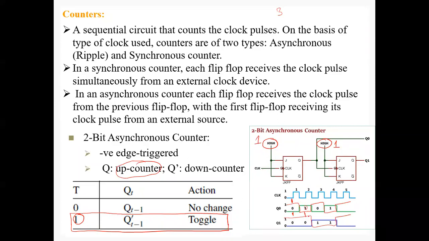Then you have 0, 1. Then you have 0, 0, right? So it will go downward. So if you take it from here, instead of up counter, you get the down counter. Make sense?